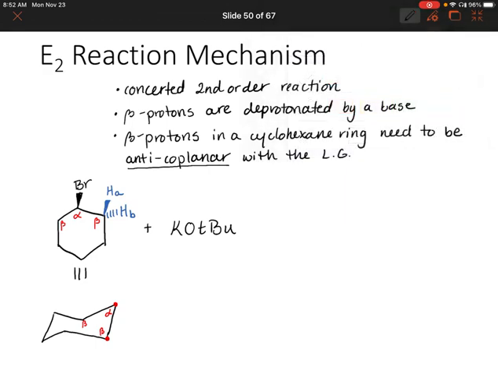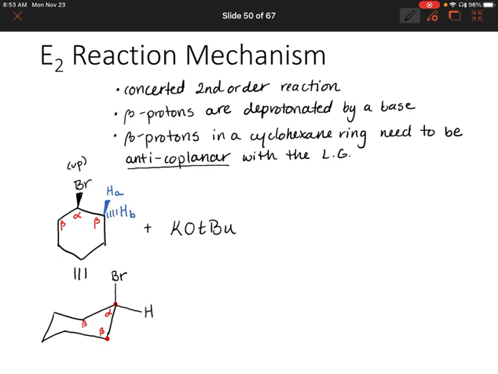So looking at our original molecule, bromine is pointing up. And looking at our chair conformation, the alpha carbon is pointing up, which means we have an up axial position and then a down equatorial position. So bromine has to be up, so in this case it will be axial.